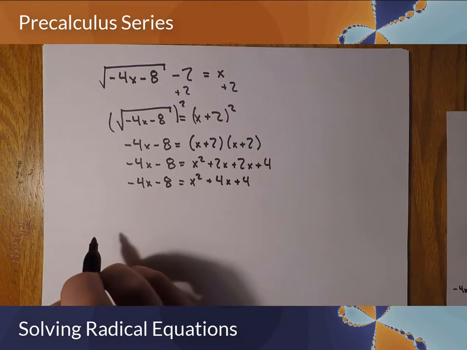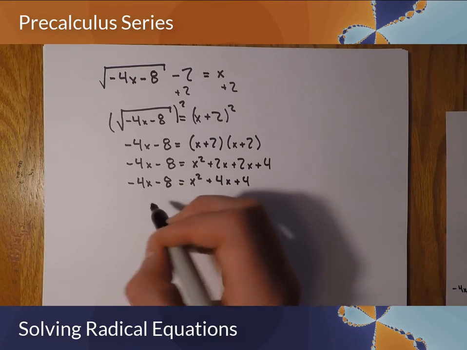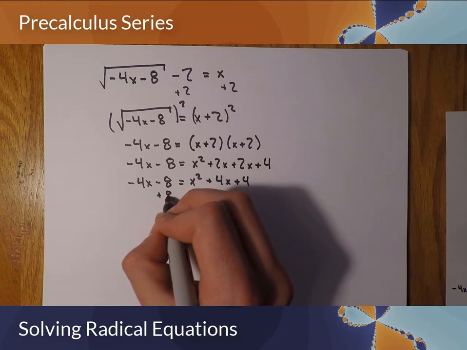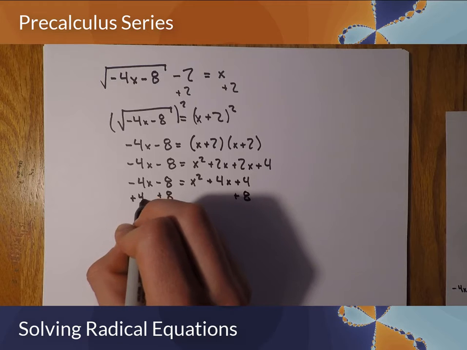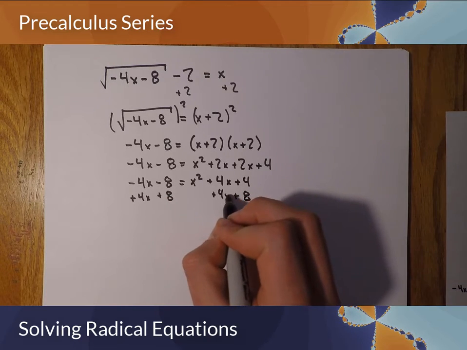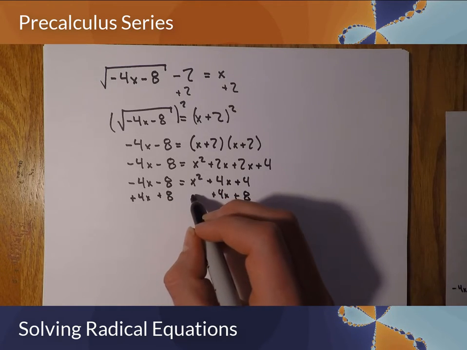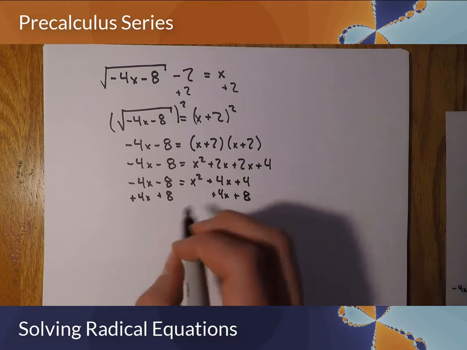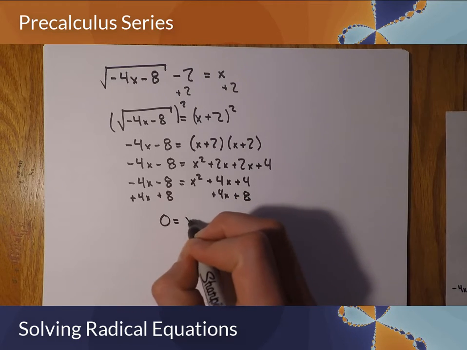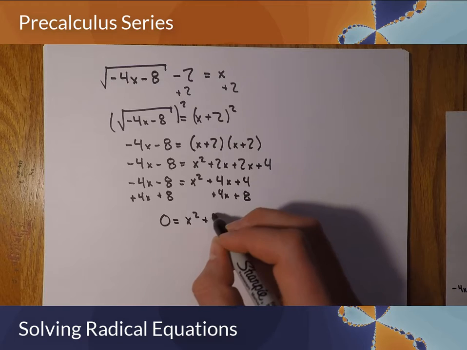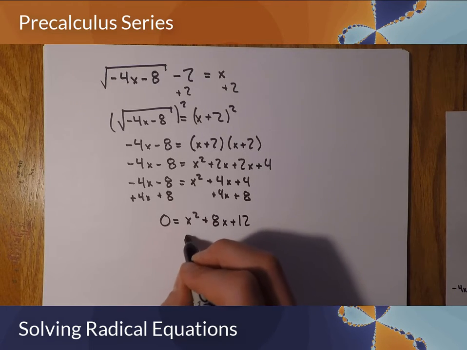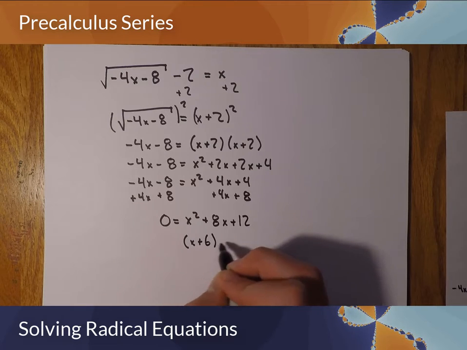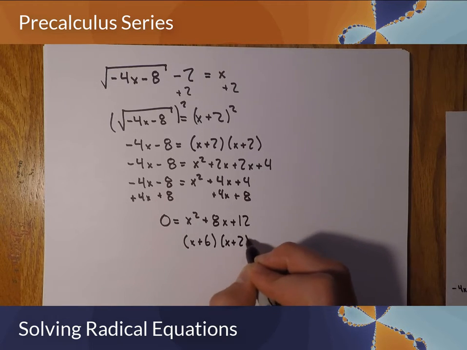And now we just want to combine like terms. So we're going to add 8 to both sides, and we're going to add 4x to both sides. And what we're going to get is 0 equals x squared plus 8x plus 12. And this factors easily into x plus 6 and x plus 2.